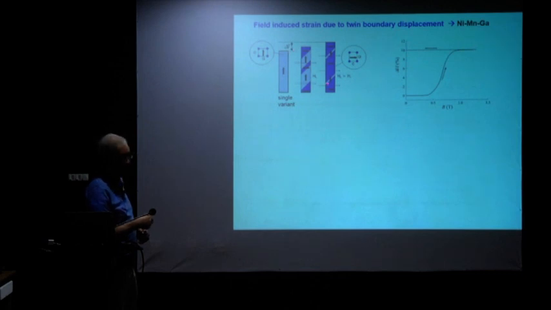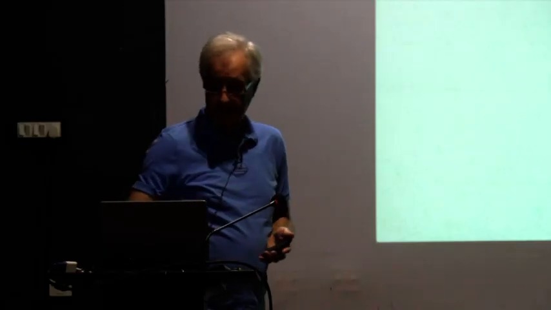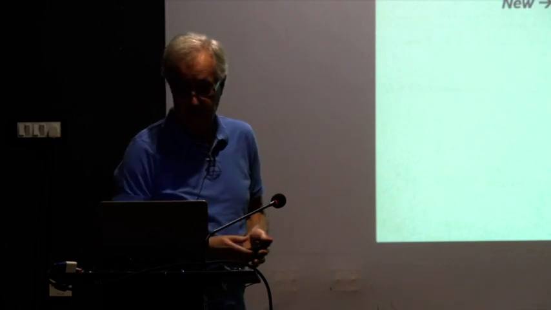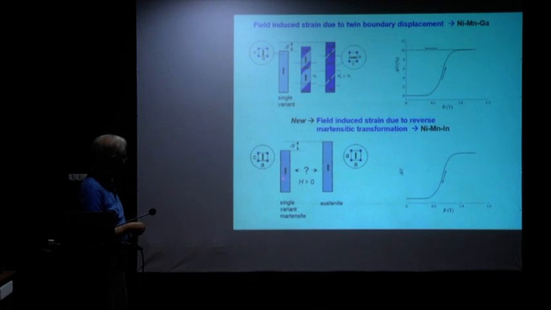Here there is no field-induced transformation, and the strain looked something like this. So we applied a field, so the sample got longer, and then we removed the field and everything got stuck there.